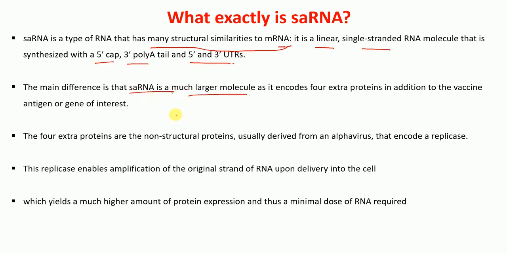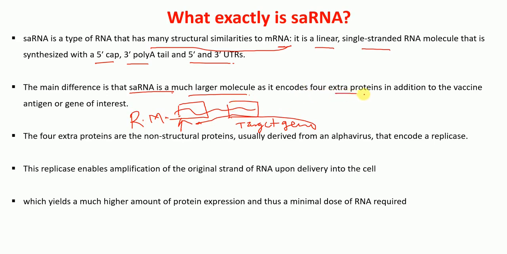Like I explained before, they have sequences for both the replicase machinery and our target gene, right? This is the target gene, and this is the replicase machinery. They are much larger sequences because they encode extra proteins in addition to the gene of interest.